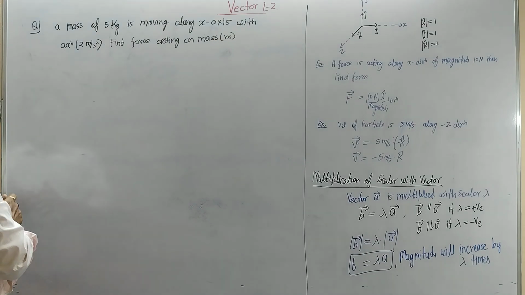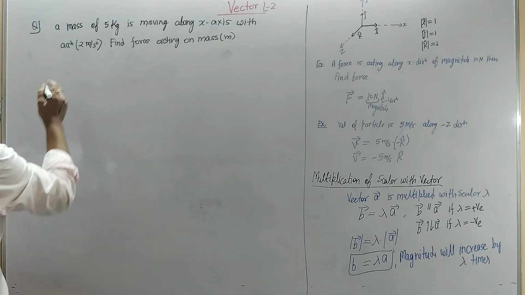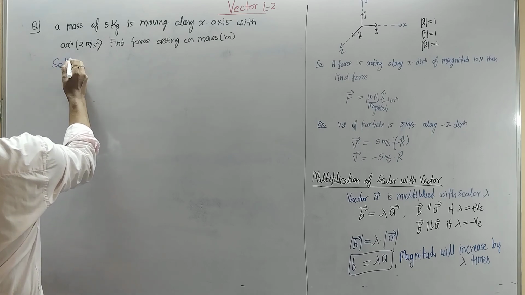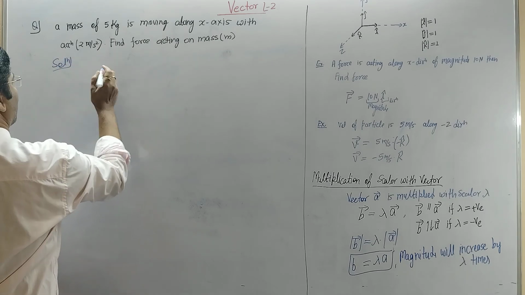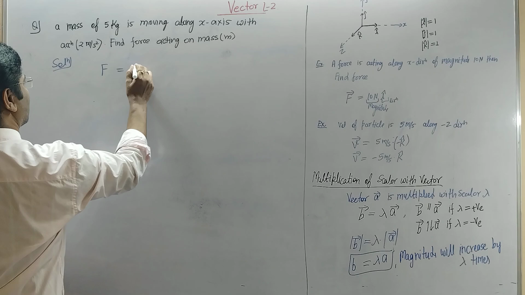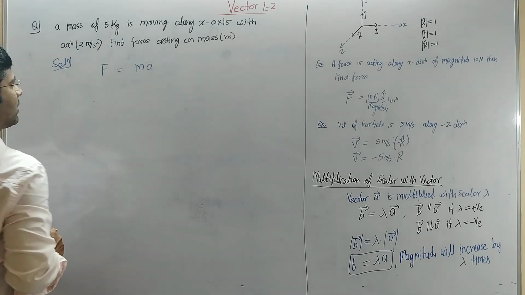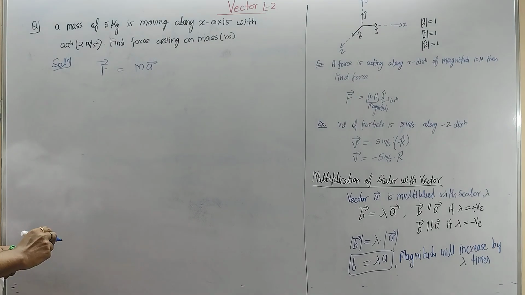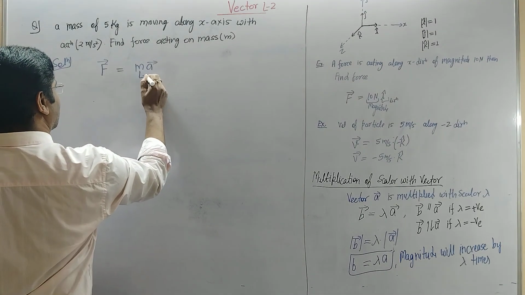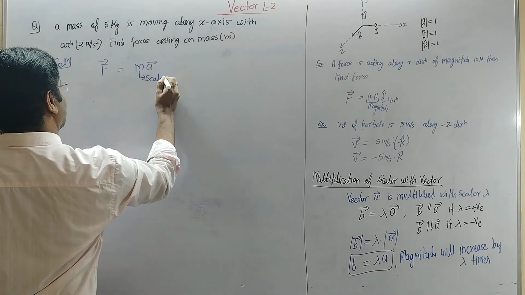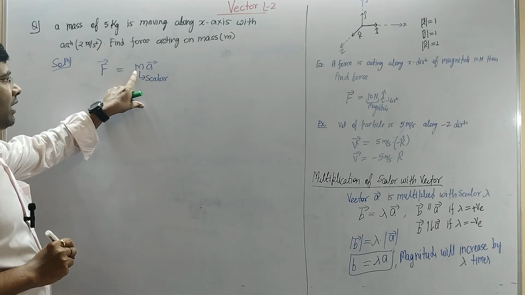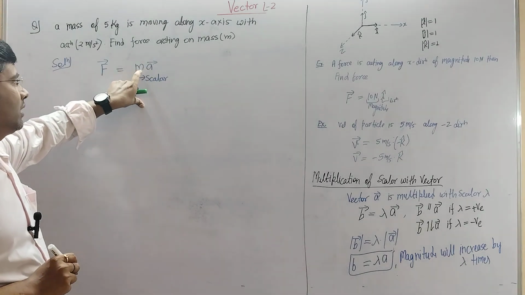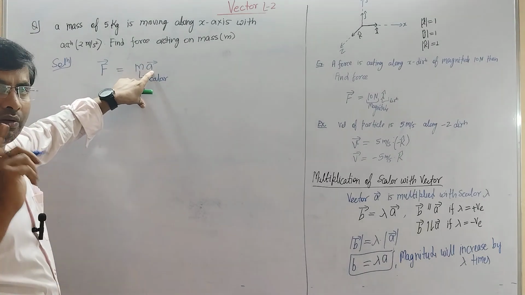So here we can calculate force value. What is the force value? We know that mass into acceleration, but force is vector quantity. So of course acceleration is also vector quantity. This one is a scalar here. So here this is something like a scalar multiplication of vector. Okay, scalar multiplied with vector.